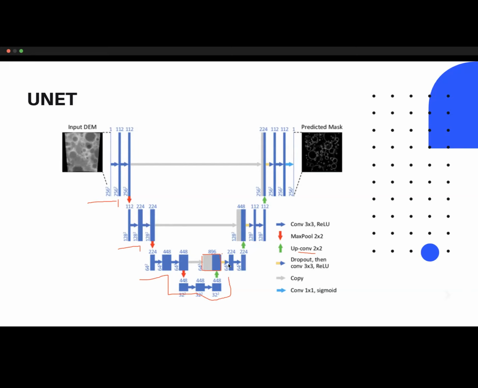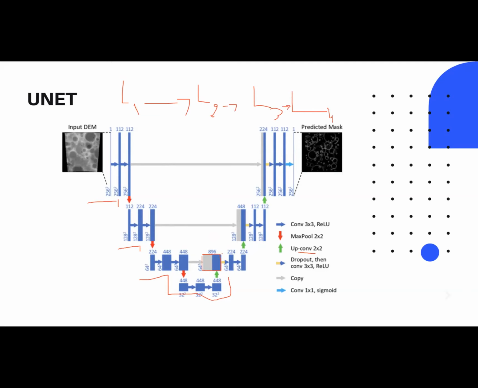Now the input for this layer is not just this, right? Usually what happens is layer 1 sends to layer 2, sends to layer 3, sends to layer 4, sends to layer 5. This is what usual architectures that you have seen before do. But now what we're doing is layer 1 sends to layer 2 and to layer -1, or the last layer.